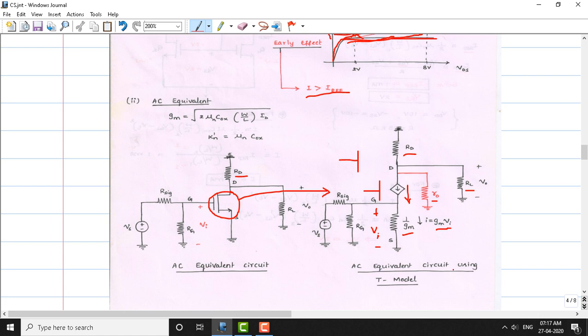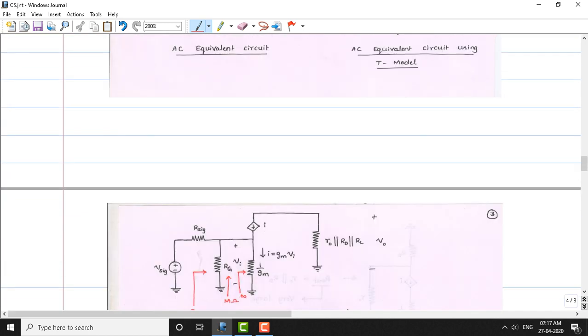Now using this circuit, we can derive the expressions for input resistance, output resistance, voltage gain, and overall voltage gain. All the equations can be derived very easily with the help of this AC equivalent circuit using the T model. Okay, now let us proceed further.